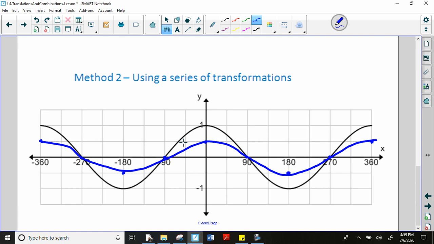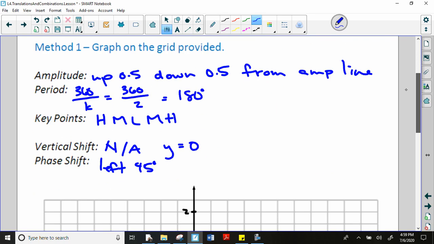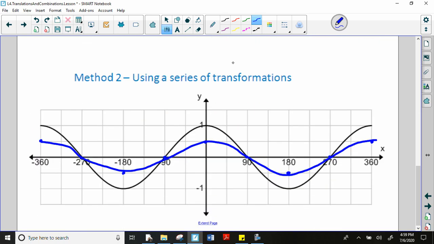Okay. And then what else do we have? We have a 1/2, we have a 2. So that's going to squash the graph. The 2 is going to take it. Instead of being 360, this gets squashed to 180. Instead of being 90, that gets squashed there. So 180 gets squashed. 270 gets squashed. 360 gets squashed.